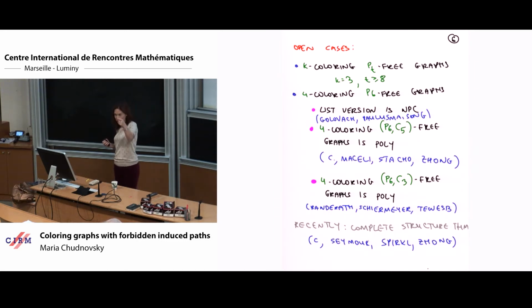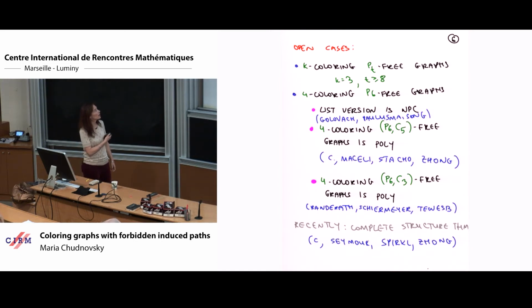If 1 is not in the list for this vertex, I can't color it 1. For every coloring problem, you can also ask about the list coloring problem. In this case, the list version means every vertex has a list which is a subset of 1, 2, 3, 4. Can you color it? Sometimes it makes things easier. If all lists are 1, 2, then suddenly it's a nice, easy coloring problem. But in general, it's harder than general 4-coloring.